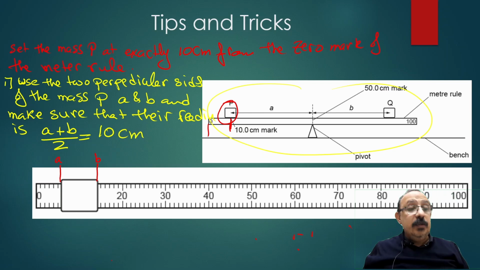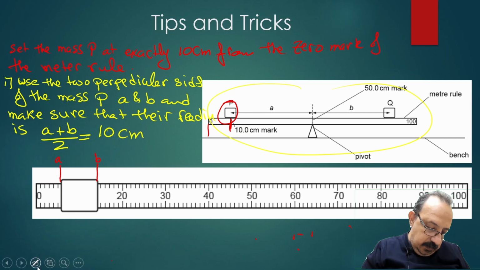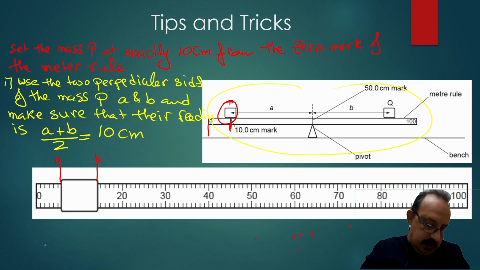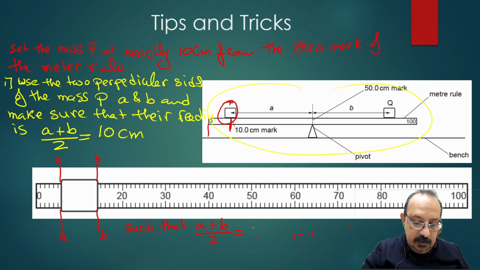Okay, what does that mean? That means set the reading of this side as A, that side B, such that A plus B divide 2 is equal to the mark we were asked to set. In this case, it is 10 centimeter.